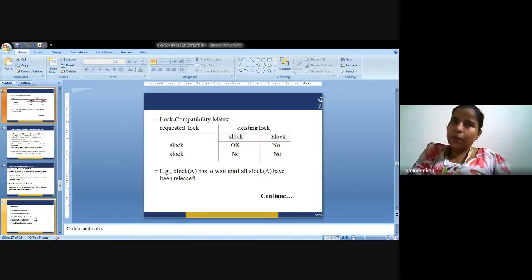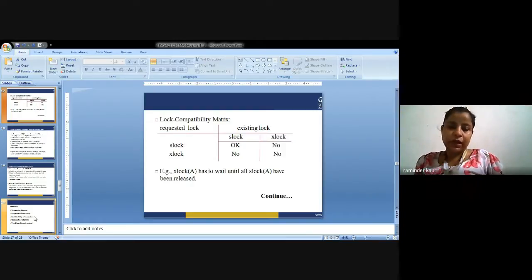There will be steps on the left hand side, 1, 2, 3, 4, 5, 6. Begin with the transaction, there will be a write lock. Next, we are supposed to perform the read and write operations on the balance. Balance is equal to balance of x plus 100. In this way, we can perform the transactions by applying the locking criteria.